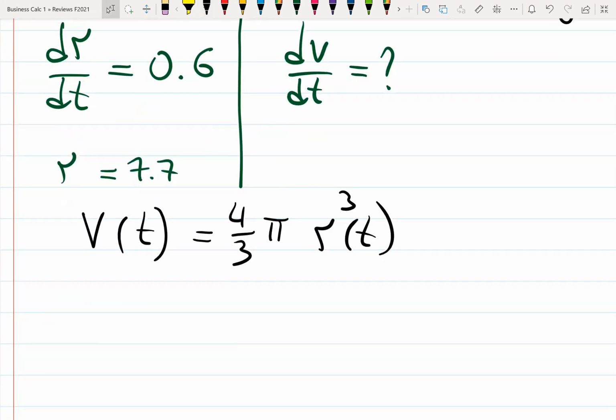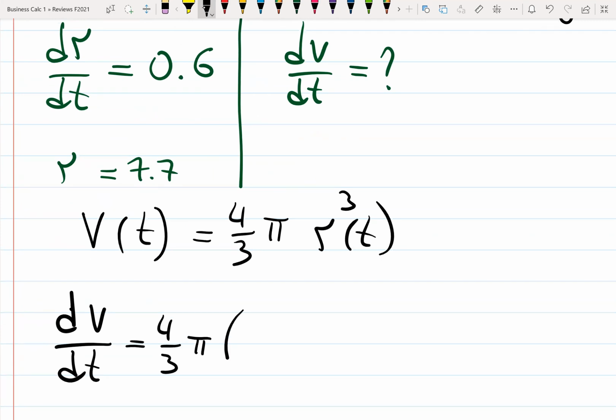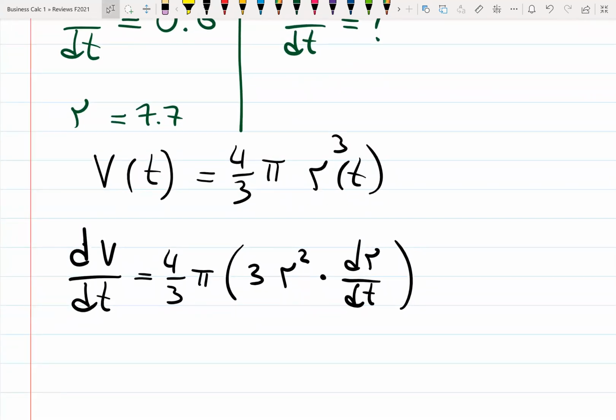You're just bombarding all of this with derivatives. V prime is dV over dt, it's not 1. 4/3 pi, 3 goes down, r squared times the derivative of the function inside. That is implicit differentiation or chain rule happening right now. It's like y prime pops out. And those are two related rates. They showed up from the equation.